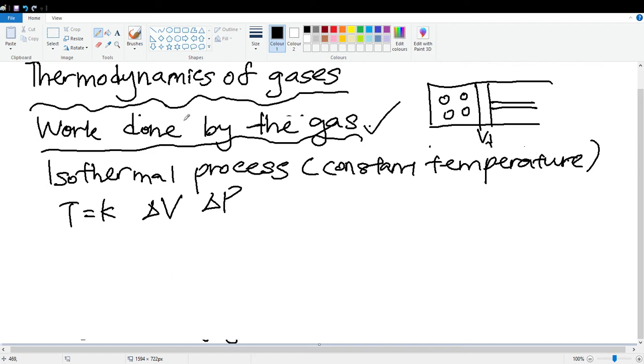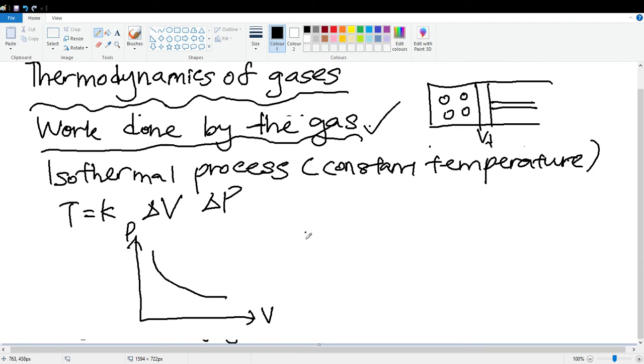So in terms of graph, since it is a graph of PV and the volume and the pressure keep changing, what we have is actually the curve.